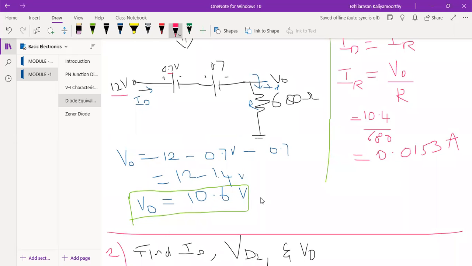That is nothing but V naught. Because the input voltage itself is 12 volt. Check properly, then you will get IR this way. I hope you might have understood that.